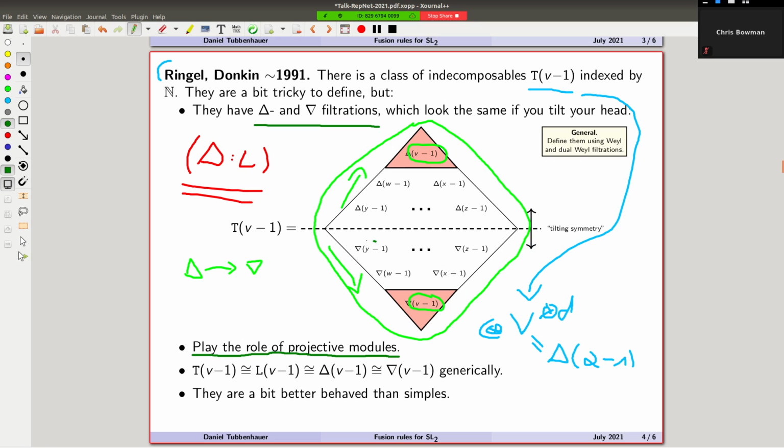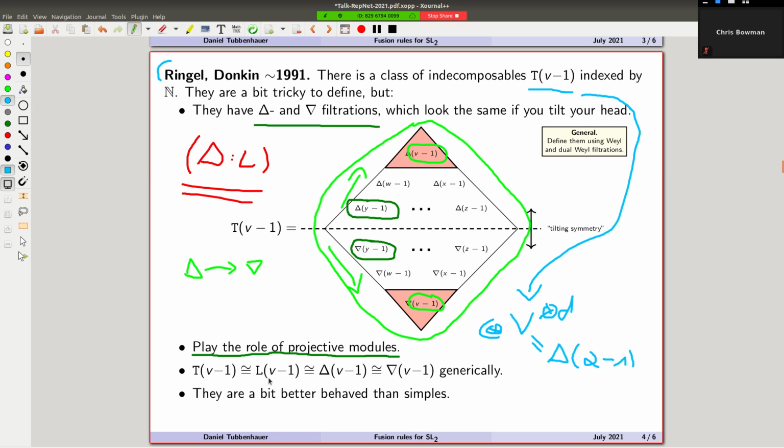If here would be whatever, say y minus 1, you would see here y minus 1. So if you know a delta filtration, you know a nabla filtration. Tilting modules, you tilt your head, or you tilt the module, whatever you prefer, and you see exactly the same thing. Actually, I should have said, they play the role of projective injective modules in some sense. So they have this nice duality symmetry.